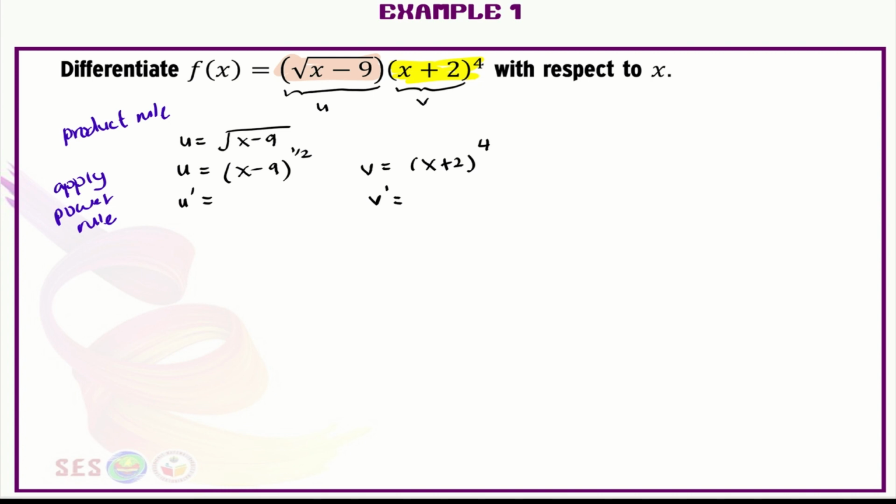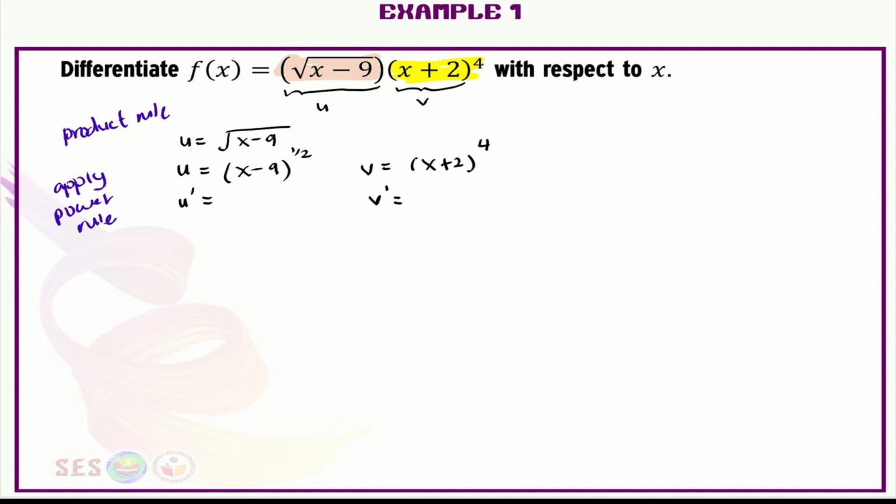The power rule says that we can bring down the power, write down whatever is inside the bracket, the power minus 1, and multiply with the differentiation of whatever is inside the bracket. We are going to do exactly what I just mentioned.